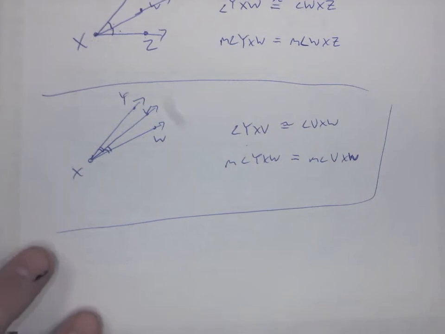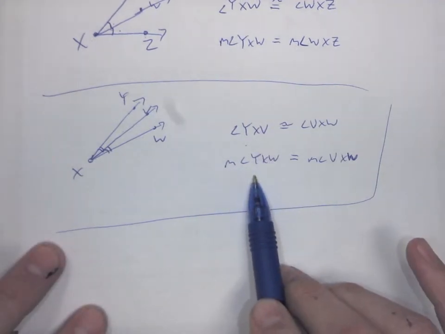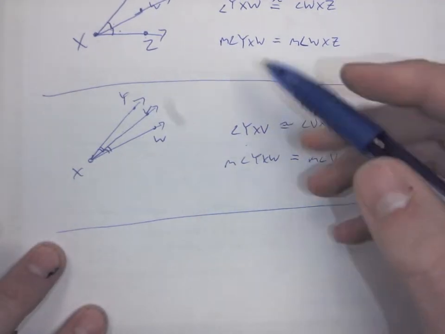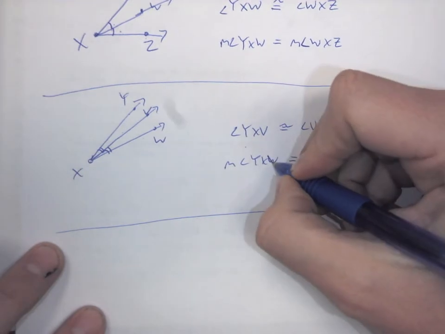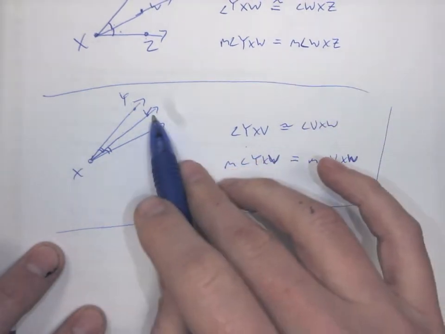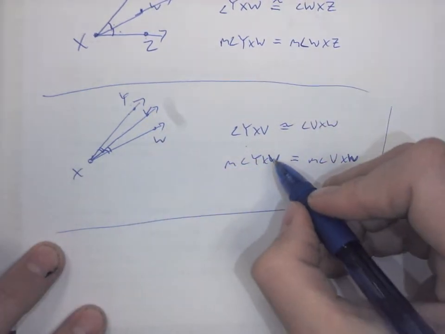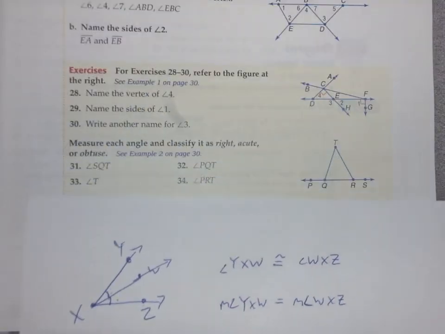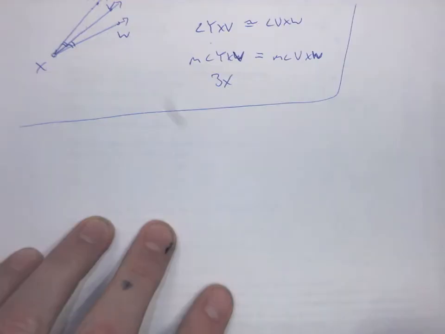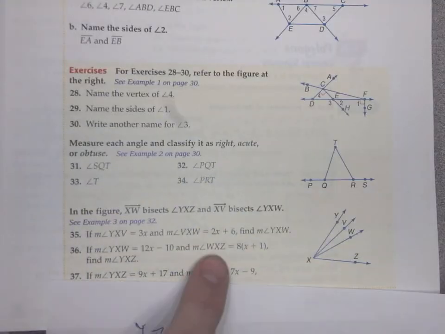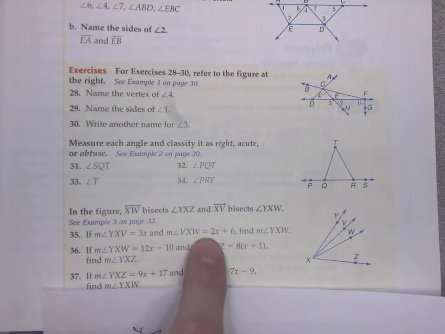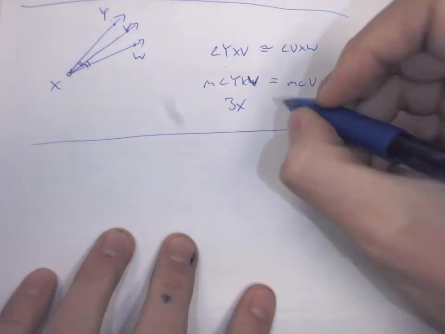They're telling us the measure of these angles. Oh, sorry, this was YXV, excuse me, I made a typo there. YXV and then VXW. They just gave me the measurements of those. YXV is 3x, so this is 3x. And VXW, they tell me, is 2x plus 6.